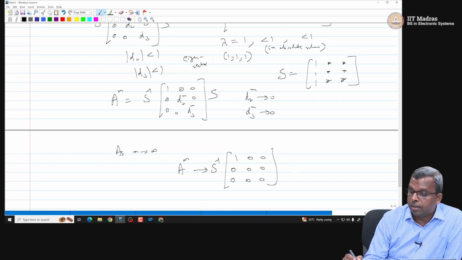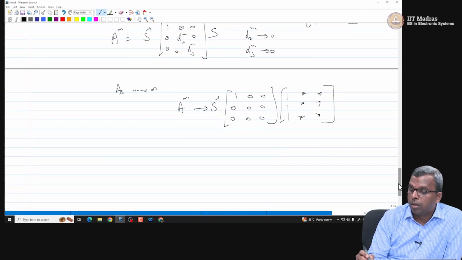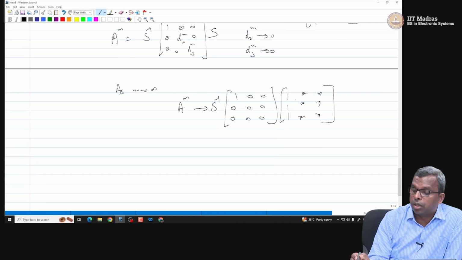S is just 1, 1, 1, star, star, star, star, star, star. So only the first row here will remain, everything else will go off to 0. You will get only the first row and everything else will go off to 0.